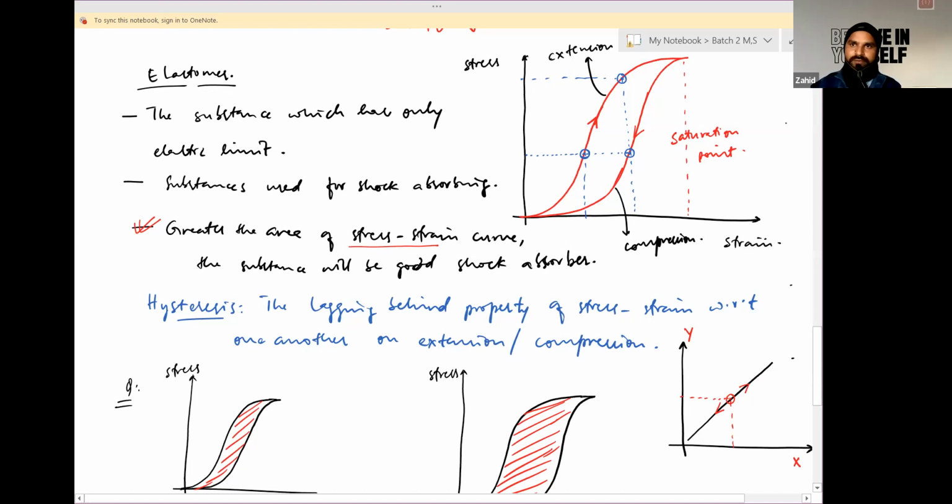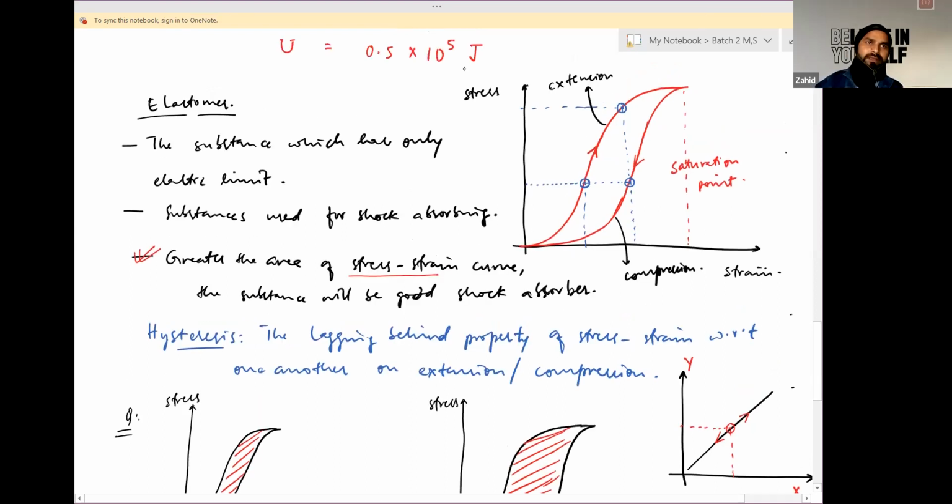But in this graph, for a stress strain curve, let's say for going up, at this point, strain is at this point and stress is at this point. But while coming down or compression, for the same stress, strain is at this point, or for same strain is at this point. So are they equal for extension or compression? So you will say no.